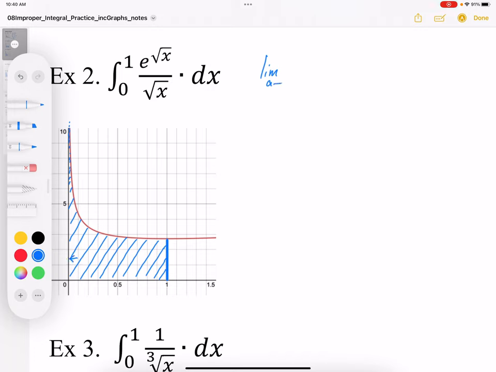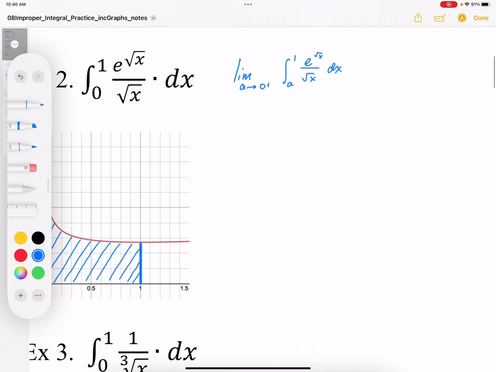So I'm going to approach 0 from the positive side, and it's going to be the integral from a from the positive side to 1. So 1 is my endpoint, and that bounds the right-hand region there. And we have e to the root x over root x dx.